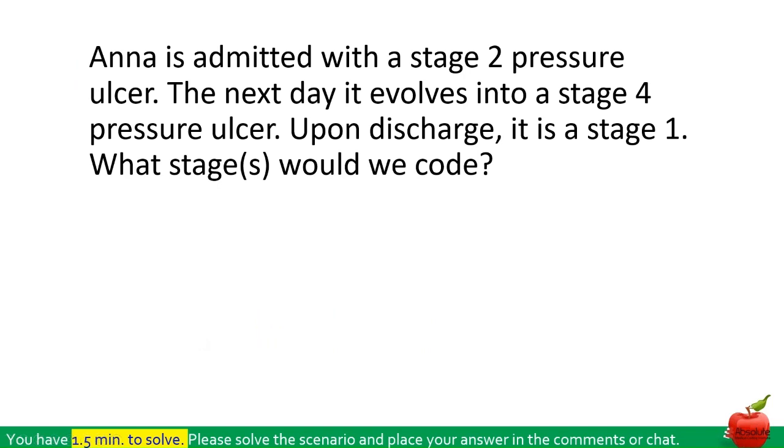That is rule number one, right? So let's talk about this scenario. Anna is admitted with a stage 2 pressure ulcer, and the next day it evolves into a stage 4 pressure ulcer. And upon discharge, it's a stage 1. So what stages would we code? I'm going to give you 1.5 minutes to solve, and your time begins now, coders.